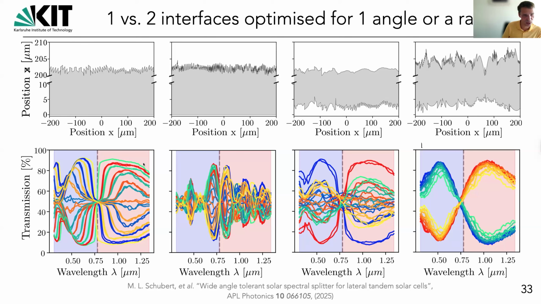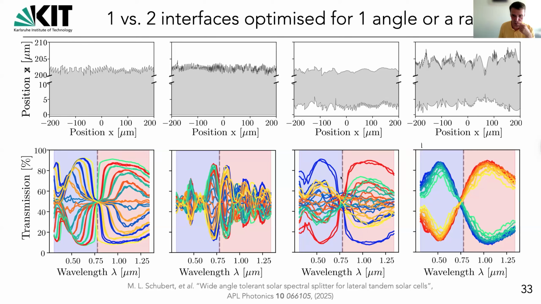So light in this spectral domain should go only into the second lateral tandem solar cell, and no light should go into the top lateral tandem solar cell. This works quite nicely, but the angle independence doesn't work at all. The algorithm basically doesn't find anything.